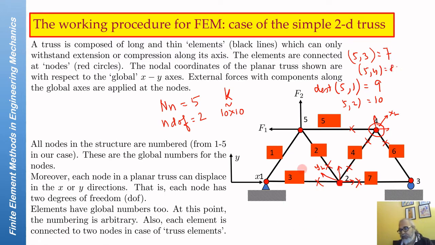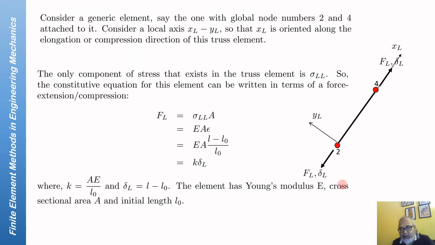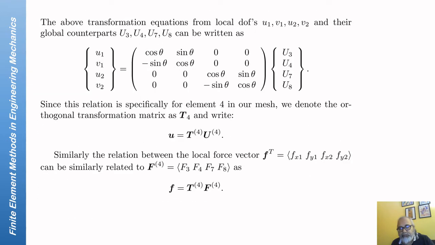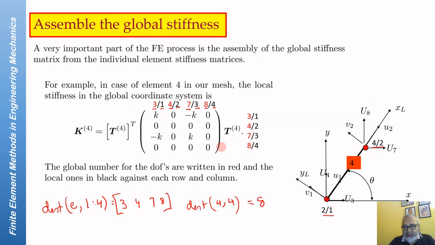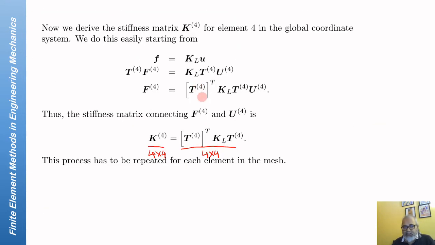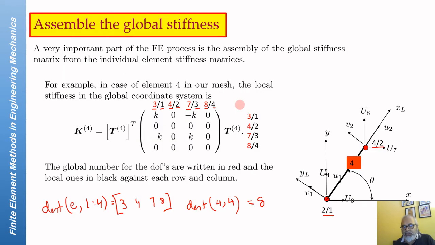So check this out. For each and every element you need the whole destination array, and once you have that, you can decide where your local stiffness matrix is going to go.